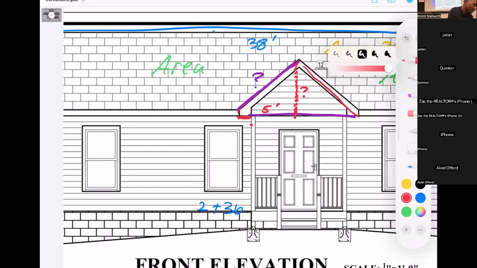I'm sorry, guys. I'm gonna have to go here. I can use this right here again, but I got to use it in a different way. I can use proportions. So 12 is to 10. Remember that this is the run, and this is the height, right? Rise and run.